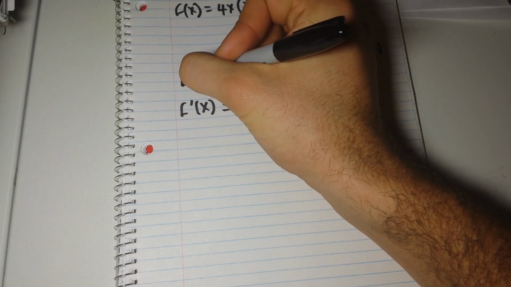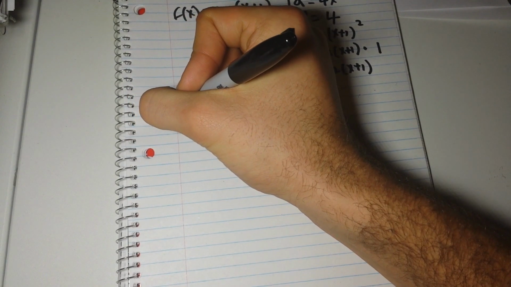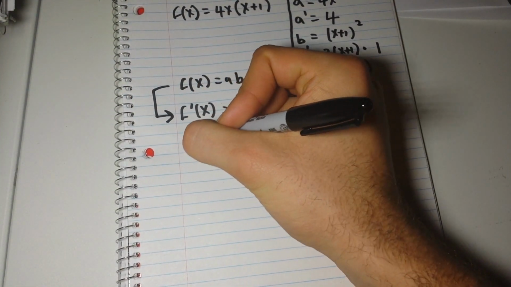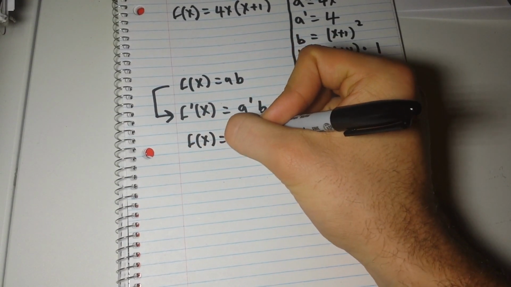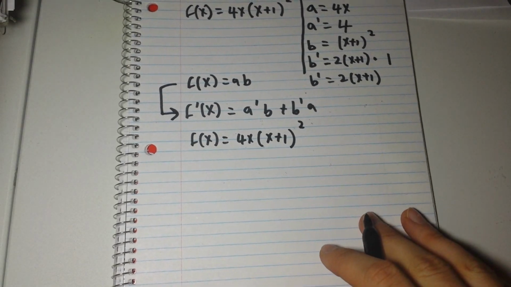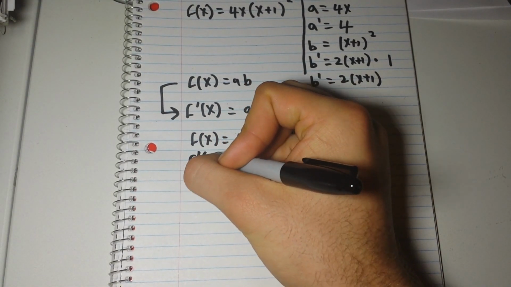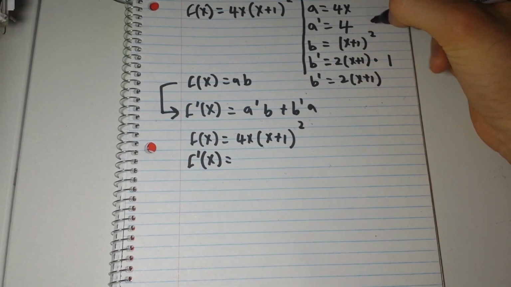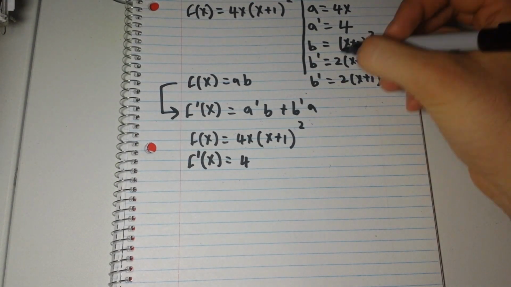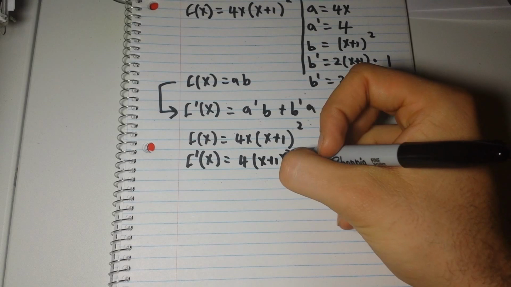But first, if our f of x is equal to ab, we know our f of x to be this, so we'll restate our f of x. And our f prime of x, or the derivative here, is going to equal a prime, which we have right here, 4, times b, which will be 4 times x plus 1 squared, right?